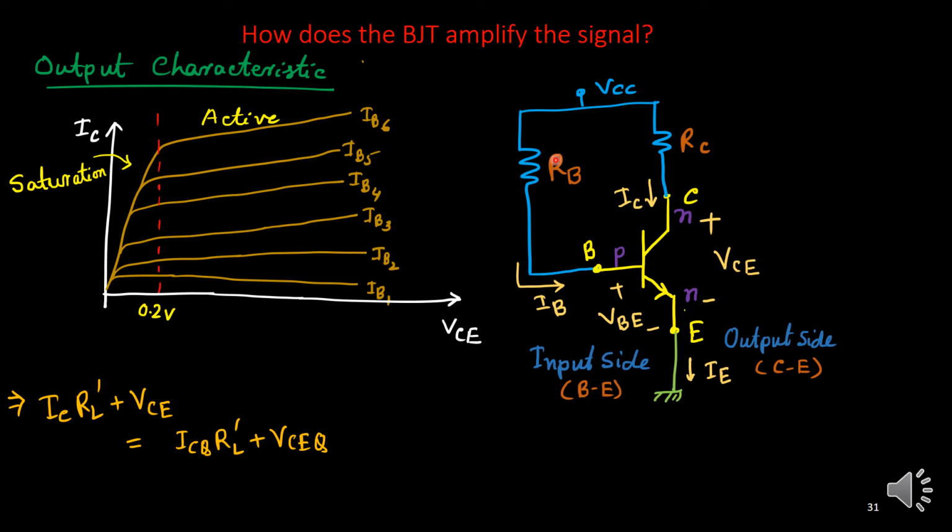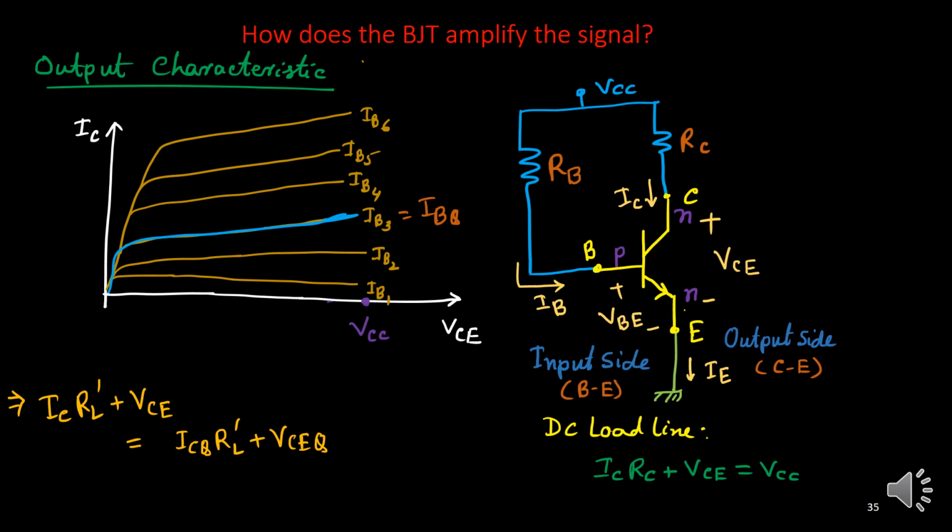In the biasing circuit we can first get the DC load line. From the base current IBQ we fix one curve. From the output side we get the DC load line equation: VCC equals IC times RC plus VCE.